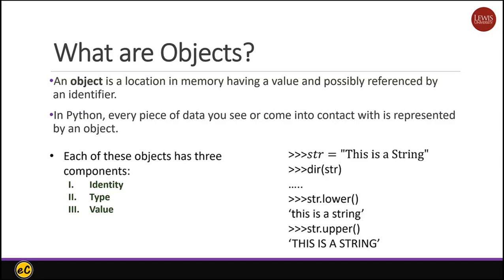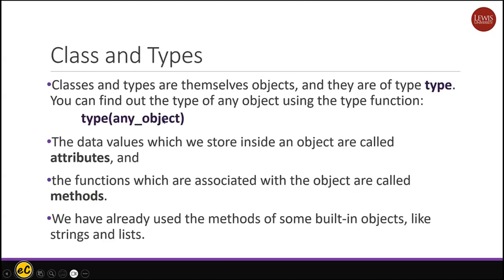These are the basic things about an object. You can use dir to look at the contents of str. You can use the lower function, the upper function. You can also check the type of the object.